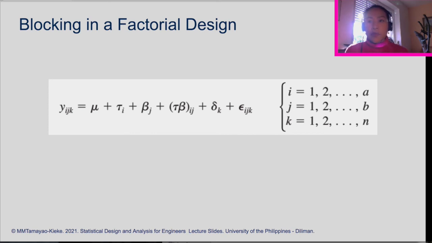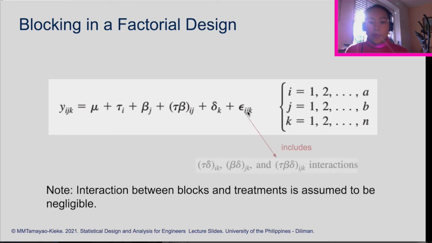And the error term, which is epsilon ijk, actually includes the interactions, which can be denoted as such. So they're all captured by the error term epsilon ijk.